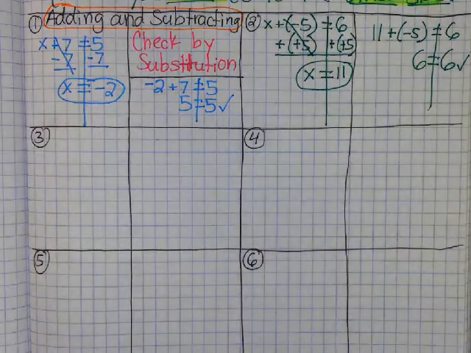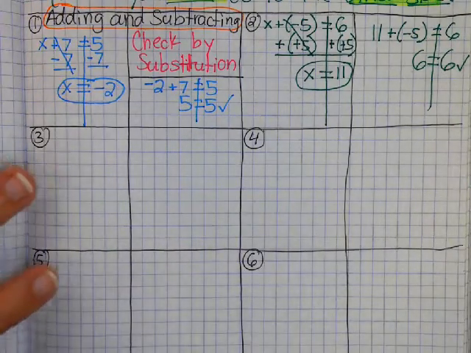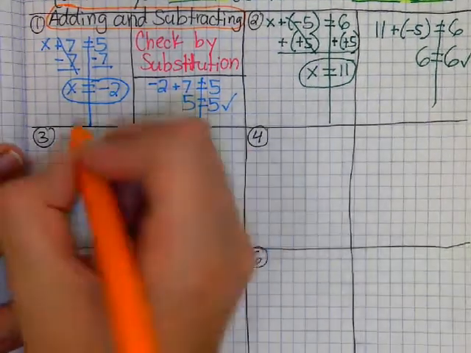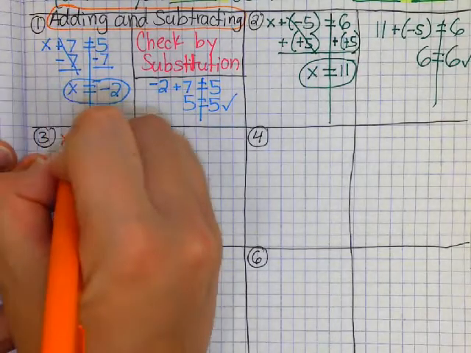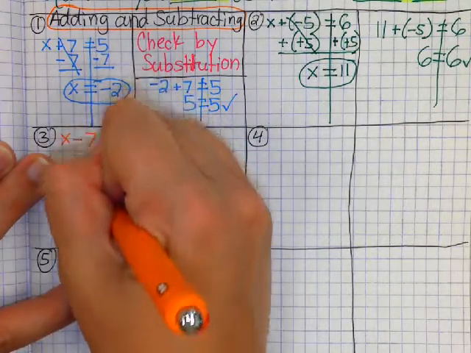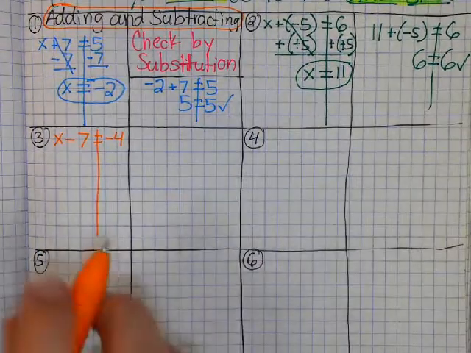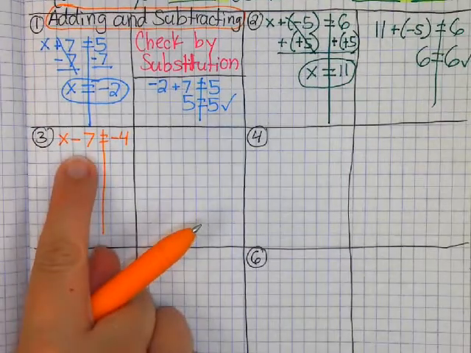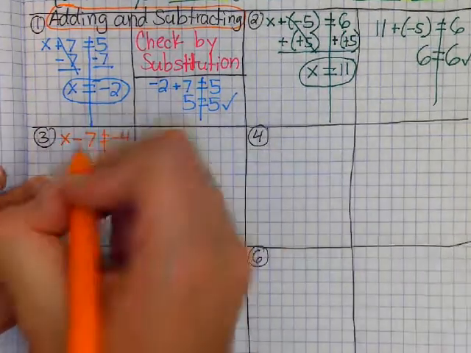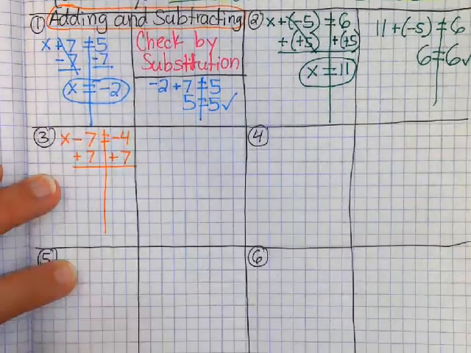Let's do one more together. Number 3. X minus 7 equals negative 4. I have a subtraction, so my inverse operation is to add 7, and I have to add 7 to both sides.